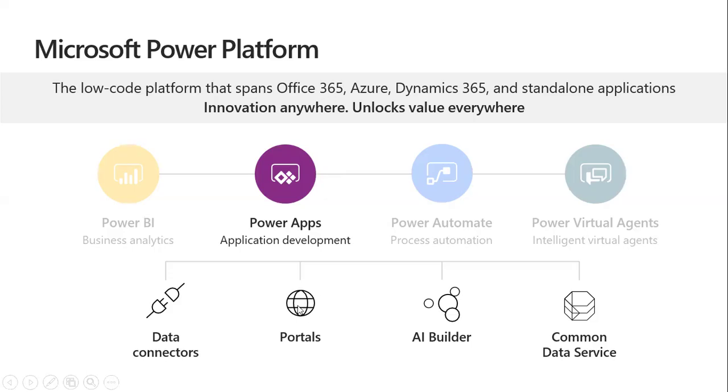There's something called portals. And next is AI Builder. AI Builder here is not only the ChatGPT we were talking about. Here, AI provides you many models actually. So you can utilize those models and train them based on your needs.